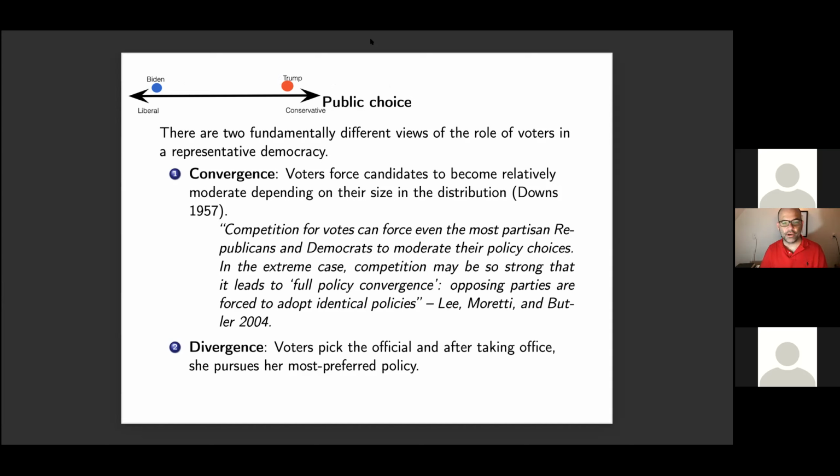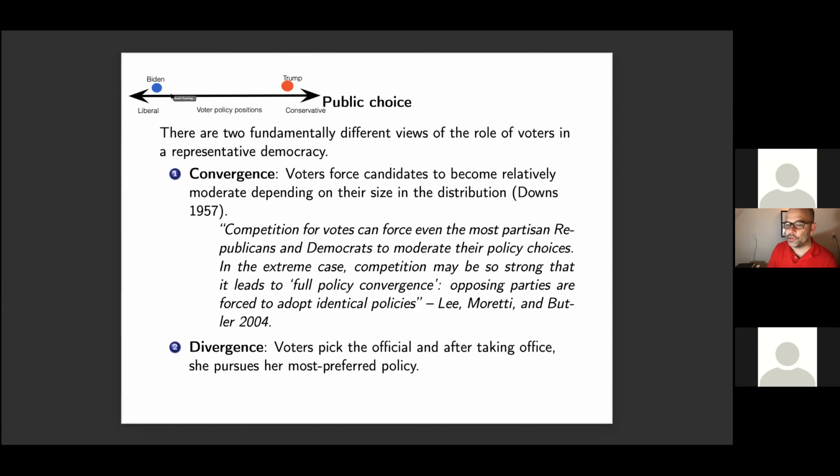This dimension here is their policy positions. We're just going to say their policy positions on anything can be simplified along a line. So this is the voter policy positions.